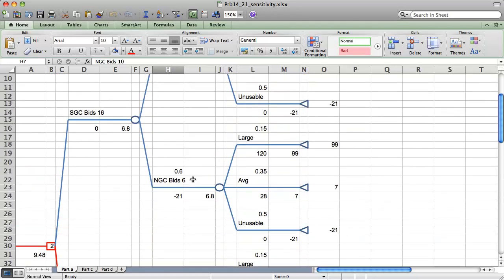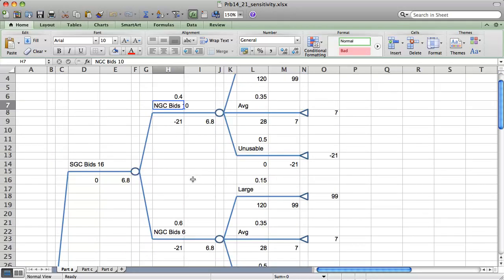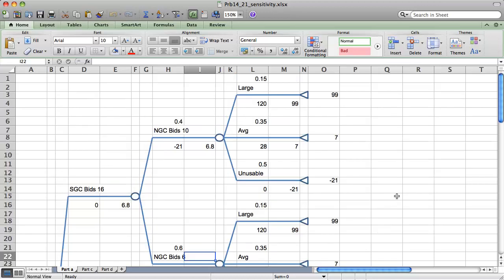So let's look at, first of all, what happens if SGC bids high. Well, they're going to win the bid because NGC either bids 10 or 6. Their bid's going to be highest, and so NGC is really not a consideration in that event. So the high bid is going to win.